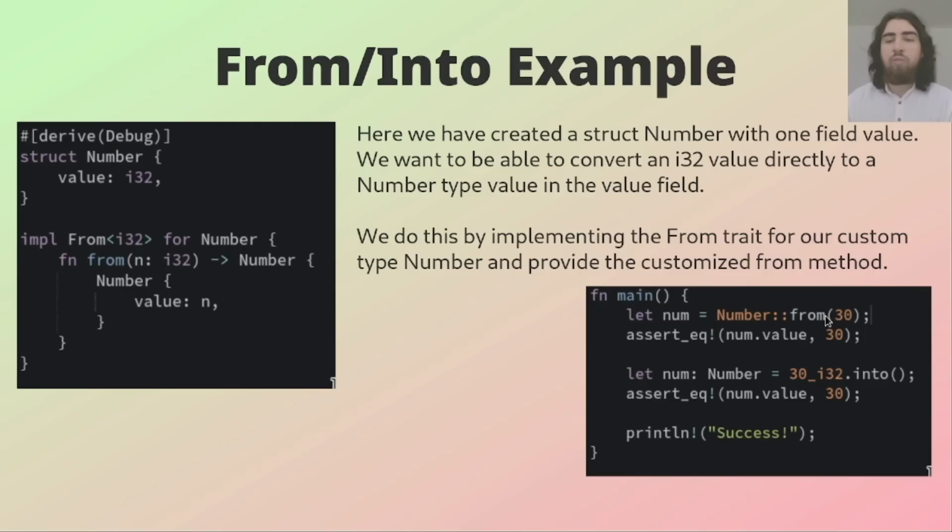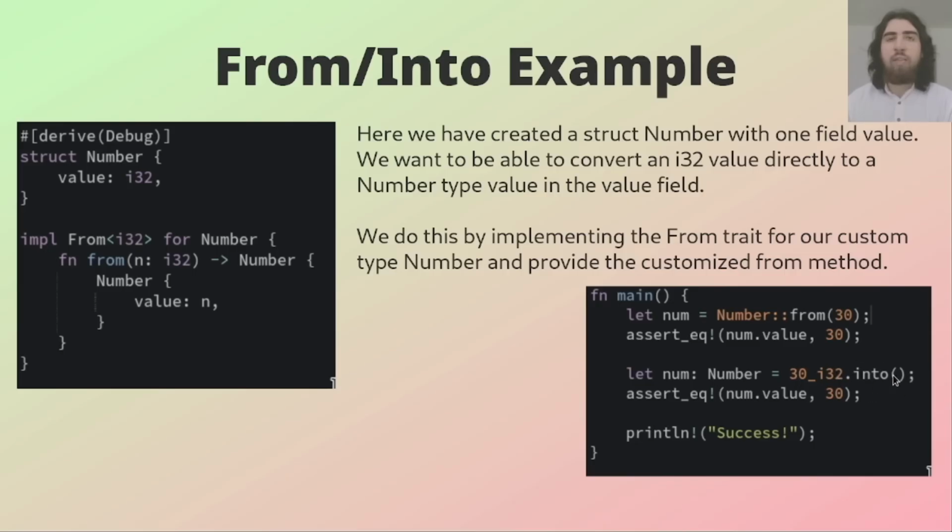And we can do it in two ways, from, as we've seen, because we have implemented it. And I've told you that when you implement the From trait, the Into trait is automatically implemented, meaning we can also call the into method on the type we want to convert to.